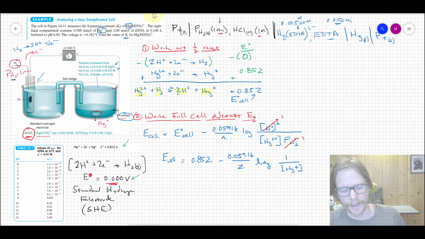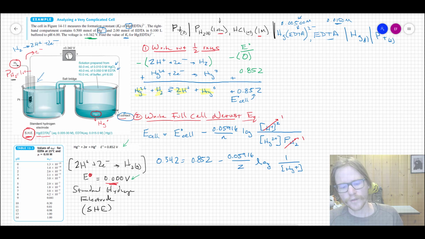Cool. And we have the measured E cell to actually be 0.342. So let me erase this and be more explicit. This is 0.342.